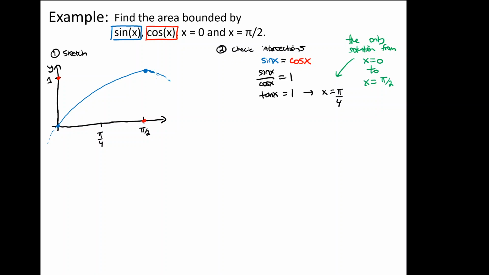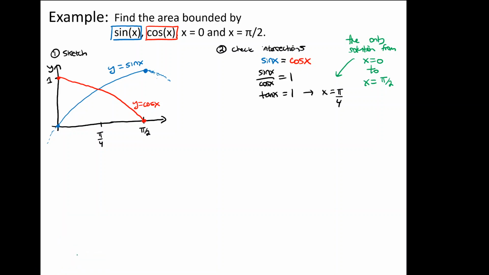So it's going to have the opposite shape. Okay, and we want the area going from 0 to pi over 2 that's bounded by those two curves.